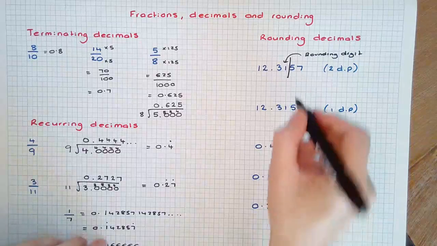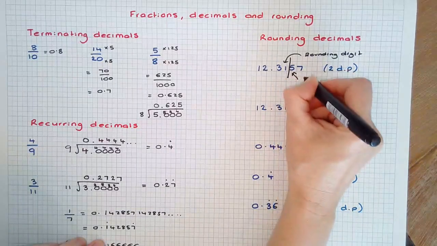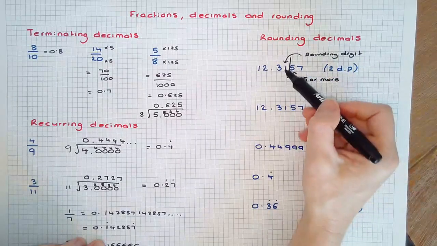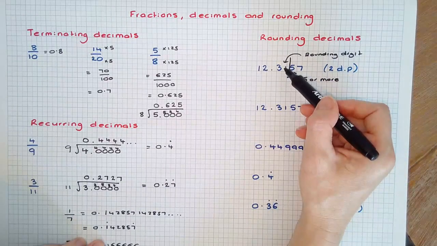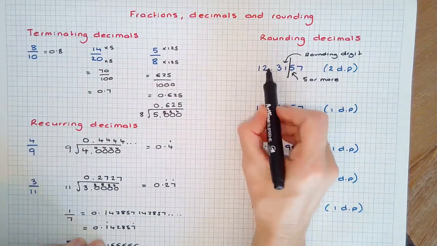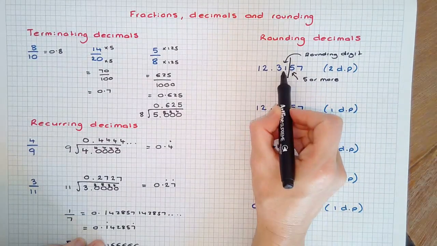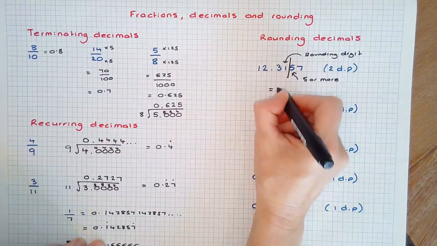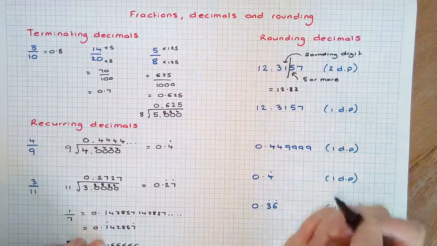Any number after the rounding digit, if it's 5 or more, will result in the rounding digit being increased by 1. That is, this number is closer to 12.32 than it is to 12.31. So we round up to 12.32.